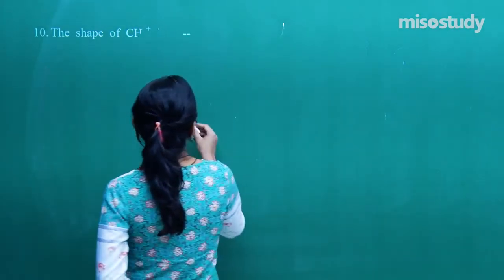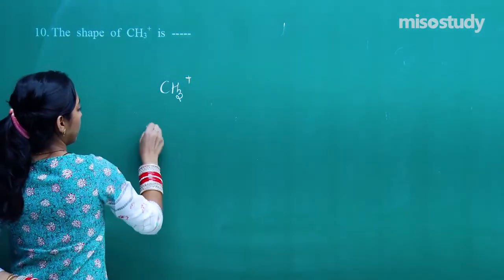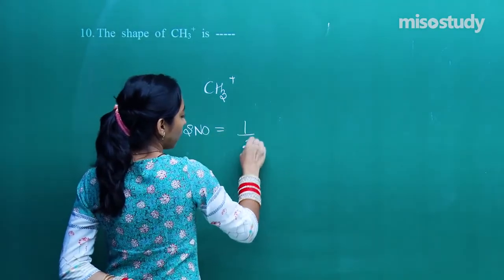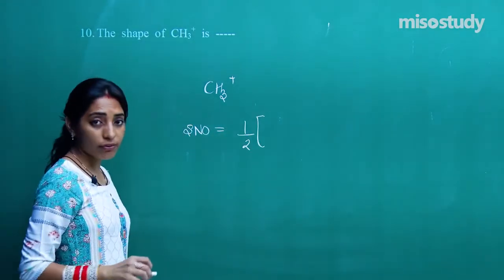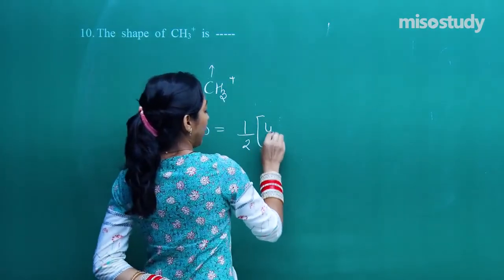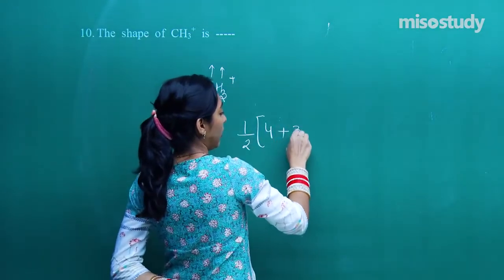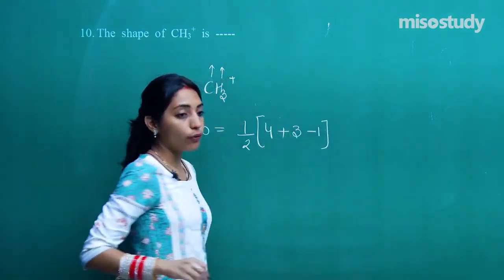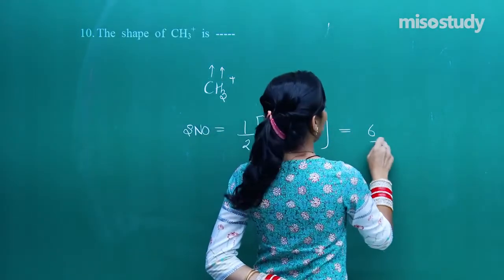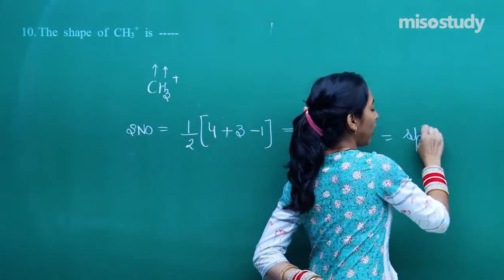So if I do it by the steric number method, the same formula I have written earlier: half of the number of valence electrons of the central atom, 4, plus the number of atoms attached by single bond, 3, minus 1. So 4 plus 3, 7, 7 minus 1 is 6. So 6 divided by 2 is 3. That means carbon is sp2 hybridized.